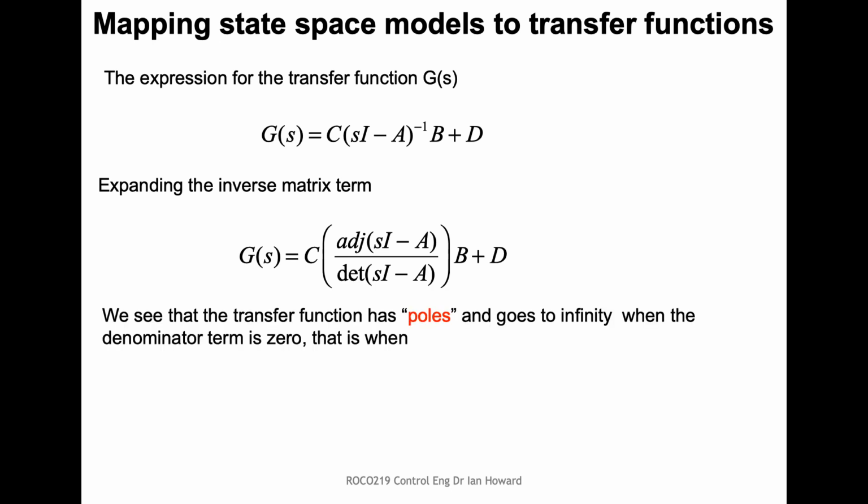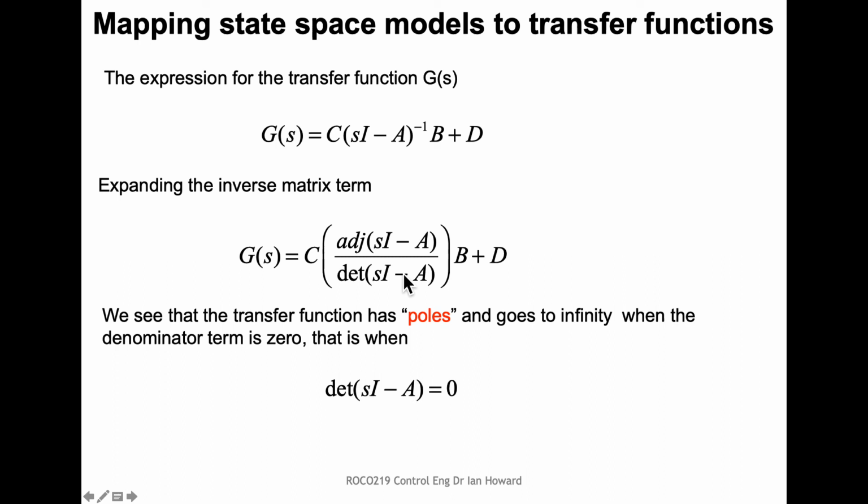Right, so now what we see is, when is this thing going to have poles? Well, we know poles happen when the expression goes to infinity. When will it go to infinity? It'll go to infinity when the denominator term here goes to 0, and the denominator here will go to 0 when this term with the determinant goes to 0.